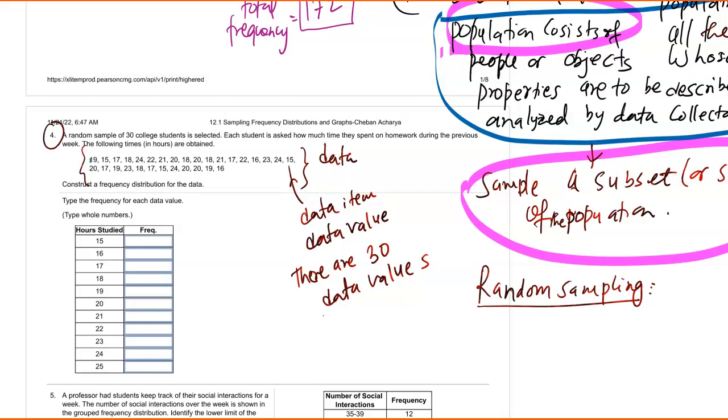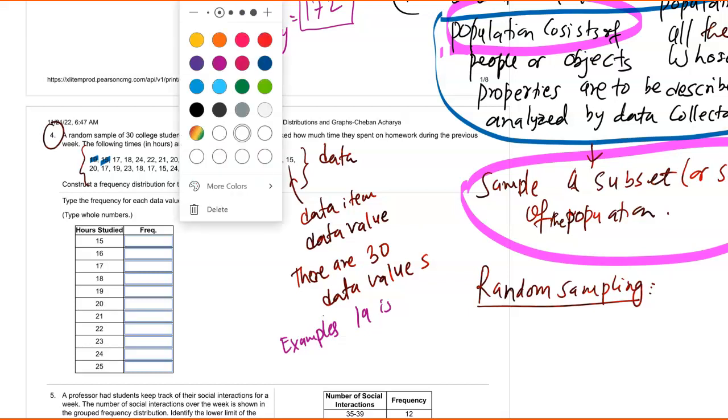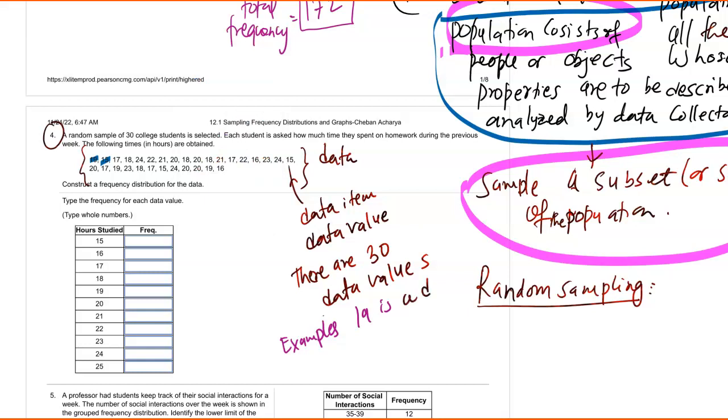Listen, 19 is a data value, 15 is a data value. Make sense? 19 is a data value.